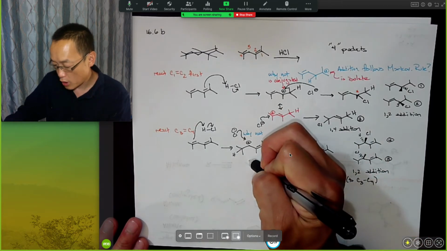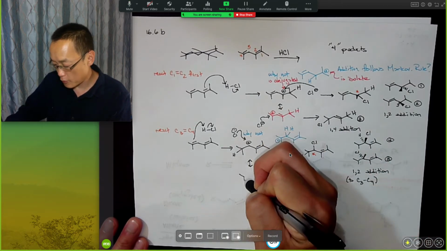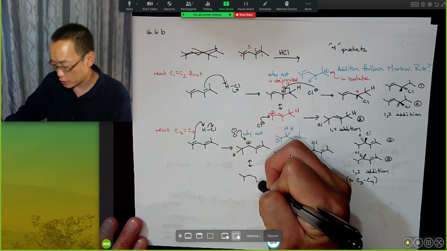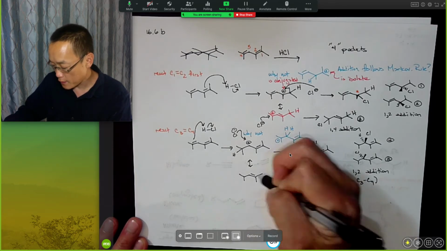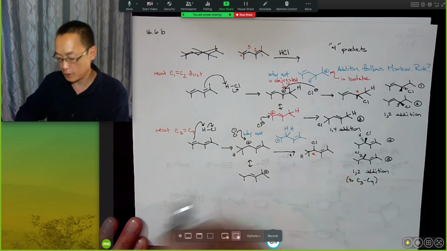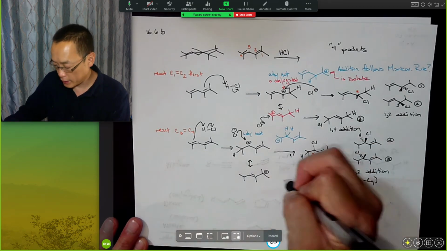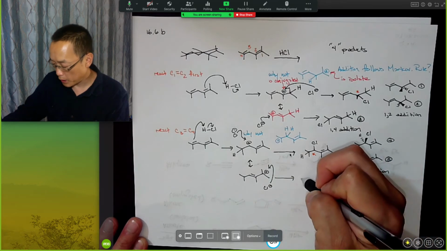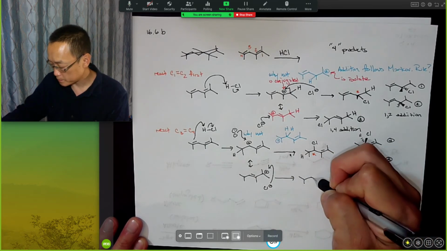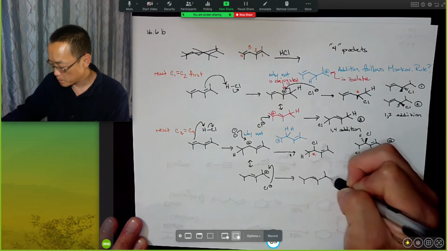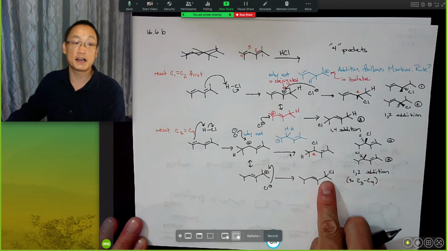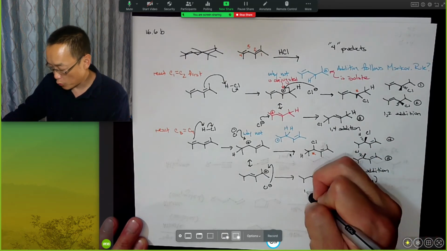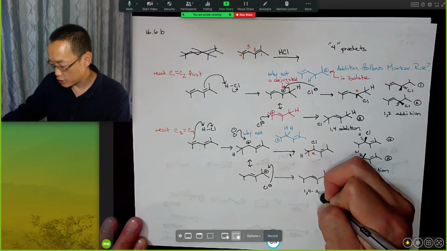We can draw a resonance structure of this that will then lead us to another possible product. But this carbon is not chiral. This is the 1,4 addition product.